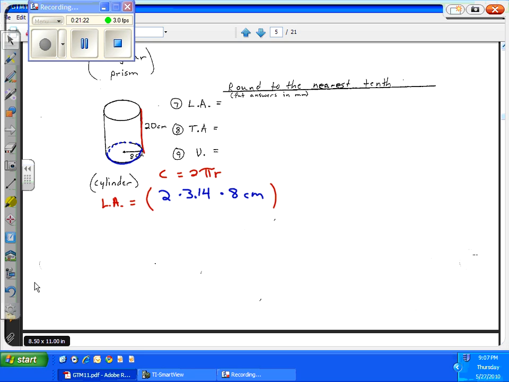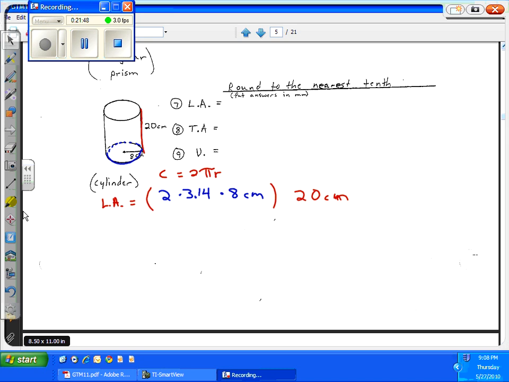That's the sides folded out, so that would be the base of the folded out rectangle, times the height of the prism, 20 centimeters, the height of the folded out rectangle of the sides, and then we can multiply to find the area. So we can just multiply everything because it's all multiplication. 2 times pi times 8 times 20.